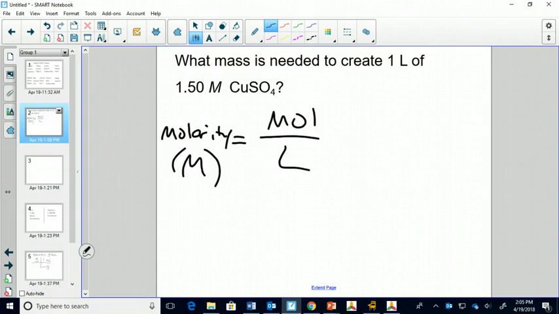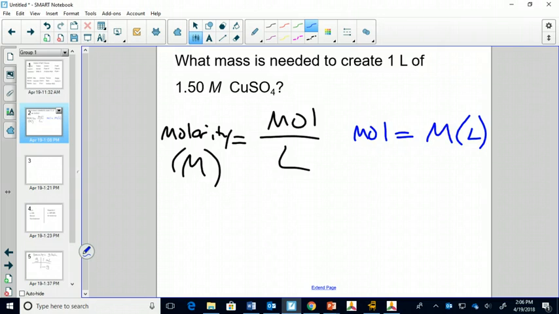Wouldn't you multiply the liters by the molarity? Perfect. So moles would be equal to M times liters. Simple algebra, just moving things around.